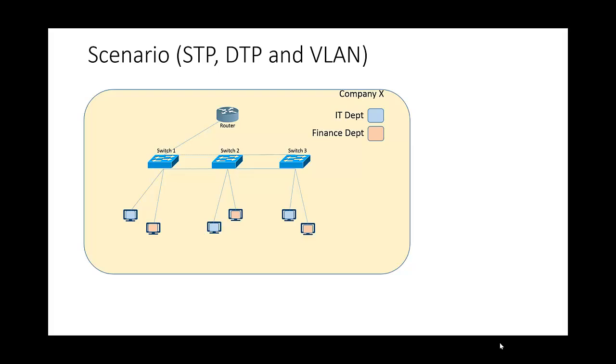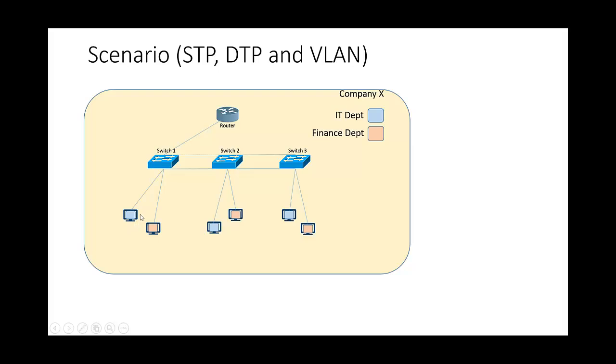So effectively, if you try and imagine that, for example, you're the IT network administrator for company X, and within this company there are two departments. You've got the IT department in blue, these workstations in blue, and you have the finance department in orange.